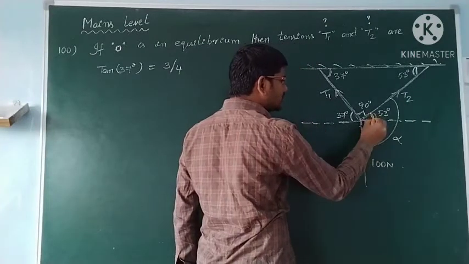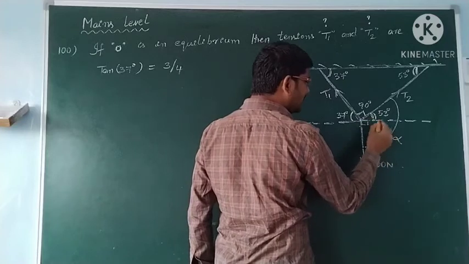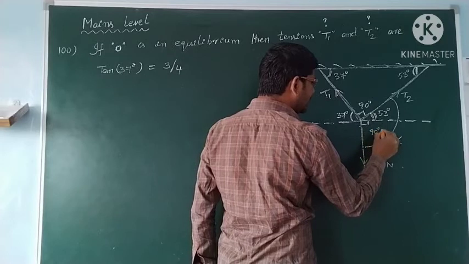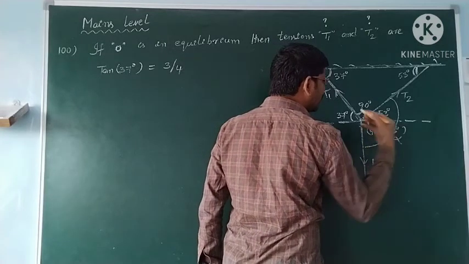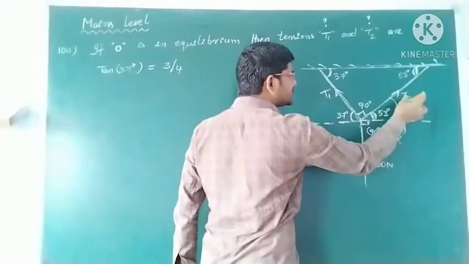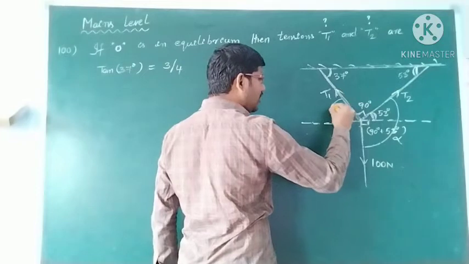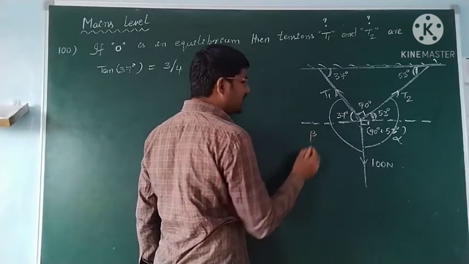So you know this is already 53 degrees and this is 90, so alpha will become 90 degrees plus 53 degrees. And this is T2. The angle opposite to T2 we take as beta.